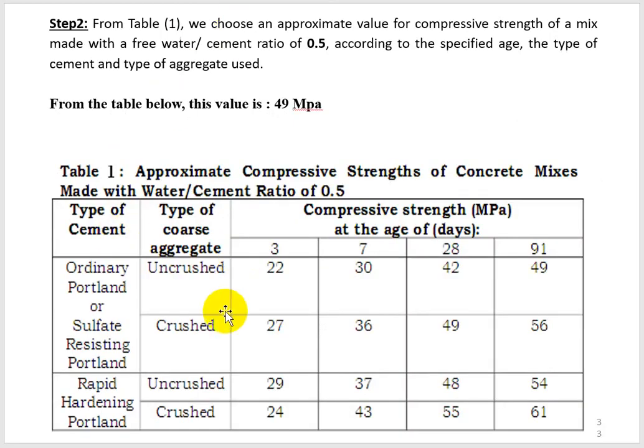Then we go to that table. So we have ordinary Portland cement, crushed rock, corresponding to 28 days, so that's 49.